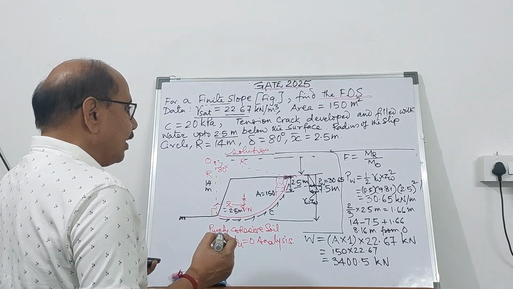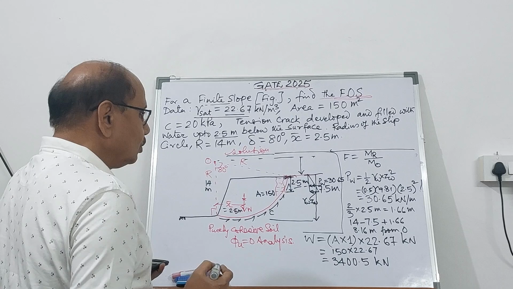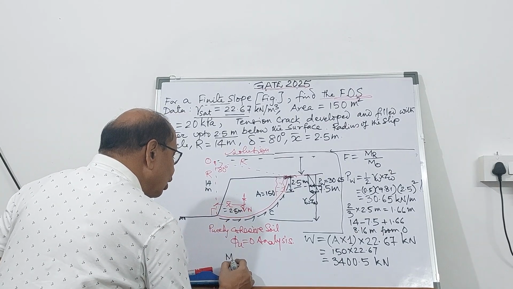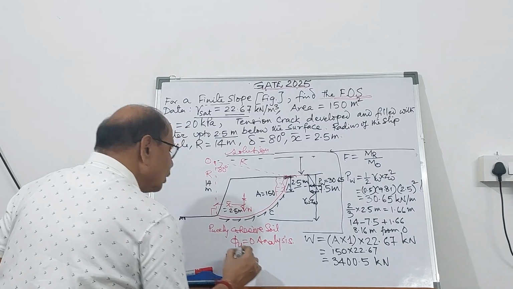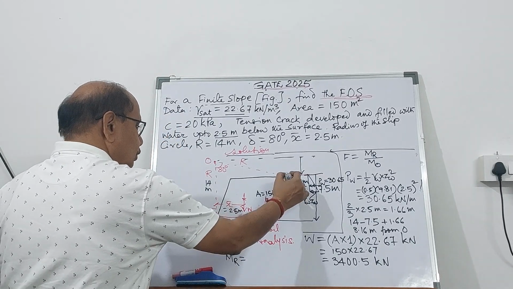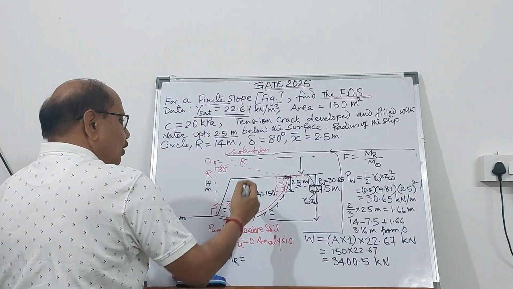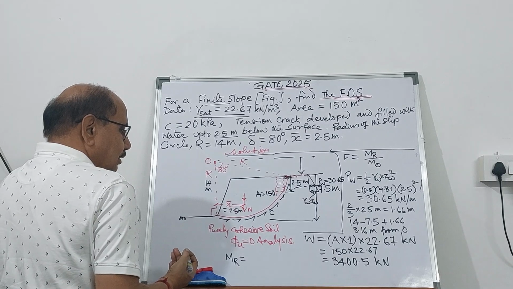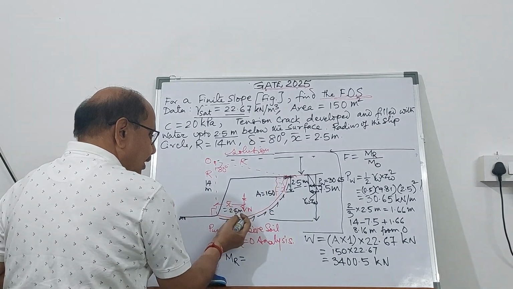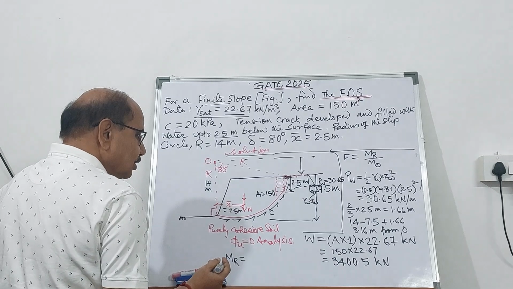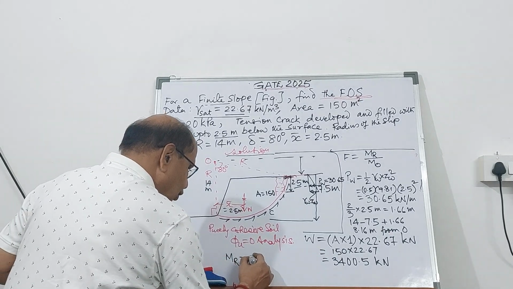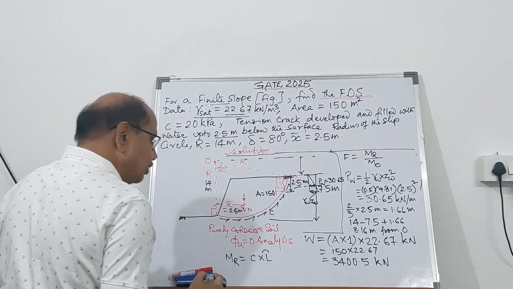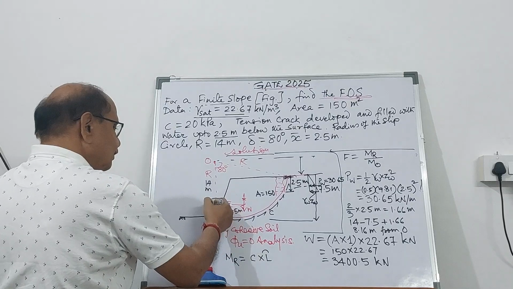Therefore, I can find out the factor of safety now very easily. So what is the value of MR, the resisting moment? The resisting moment is due to this force of cohesion. When it tries to slip down, fail, along the slip circle, the cohesive force is going to resist it. So this is the force of cohesion multiplied by the length of the arc.